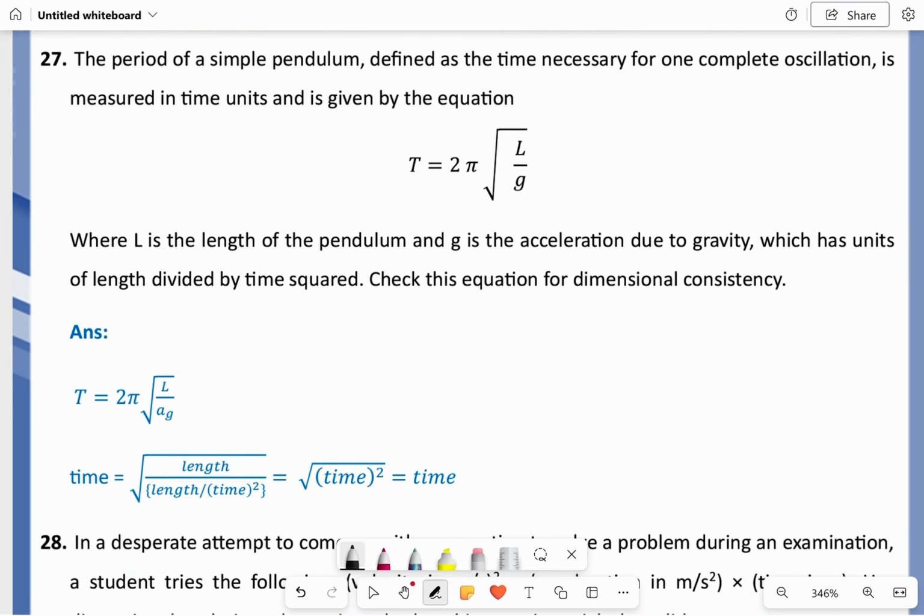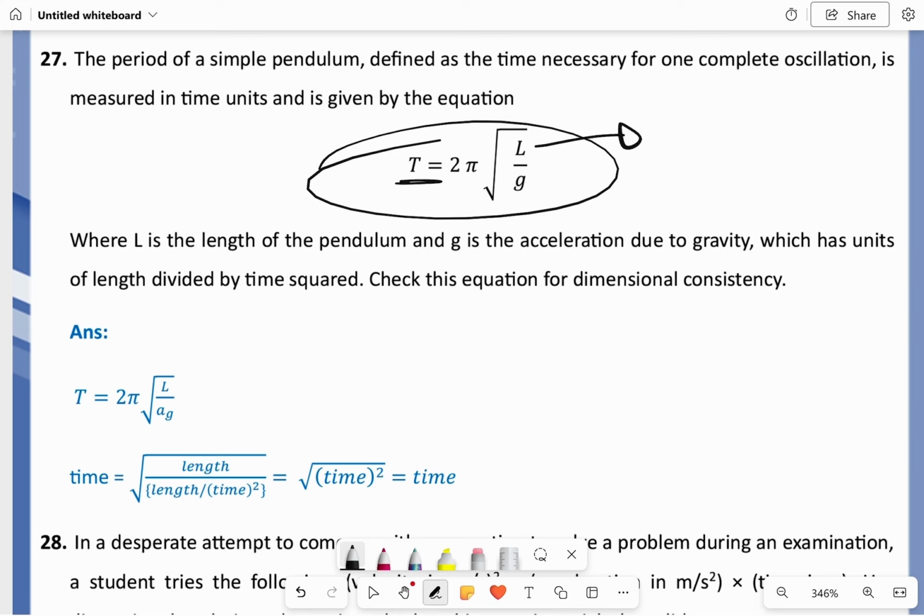The period of a simple pendulum, defined as the time necessary for one complete oscillation, is measured in time units and is given by the equation. Okay, you have this equation. Now this is measured in what? Its length. This is the period.